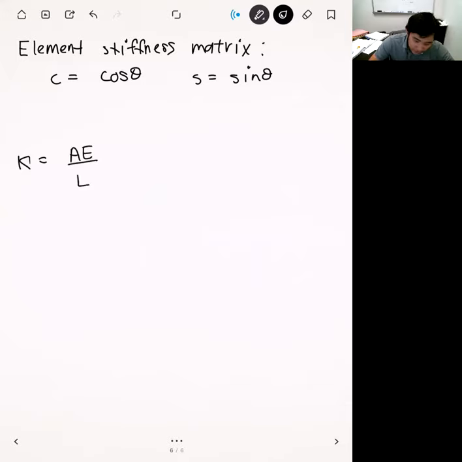Okay. And so that guy stays the same. Okay. And then we have a 4x4 element stiffness matrix. Okay. So we have cosine squared, cosine sine, minus cosine squared, minus cosine sine. Okay.